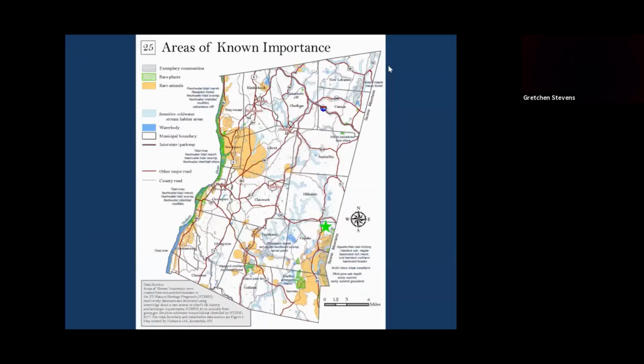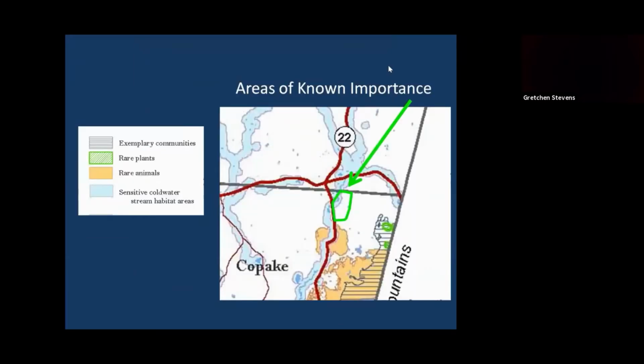The areas of known importance on this site, the light blue area, that corridor along the stream that runs through the northwest corner, is a corridor identified as a part of the landscape that will help to protect sensitive cold water stream habitat.